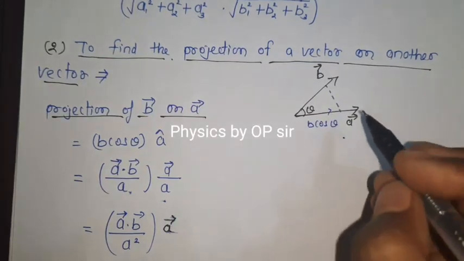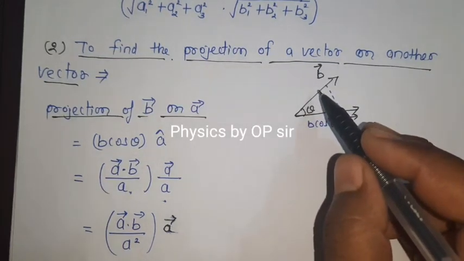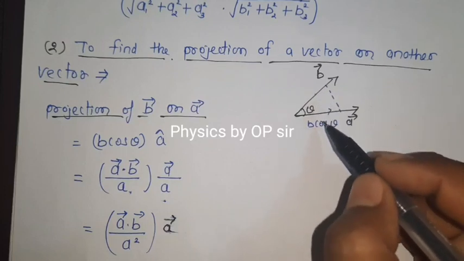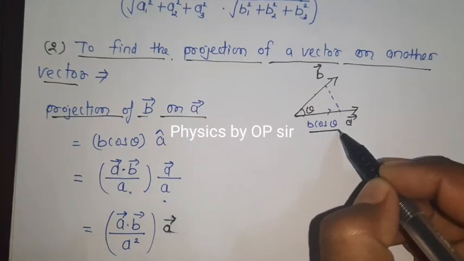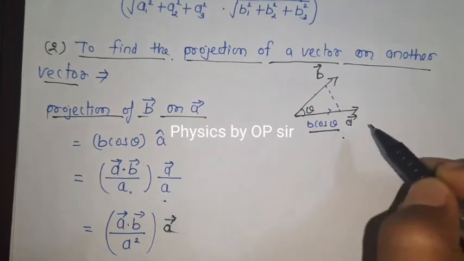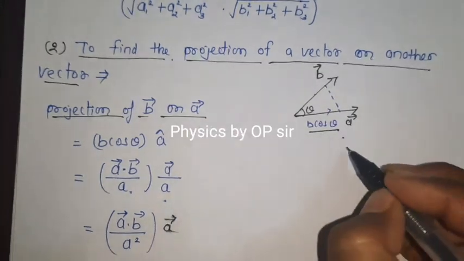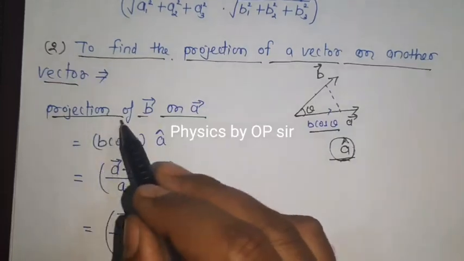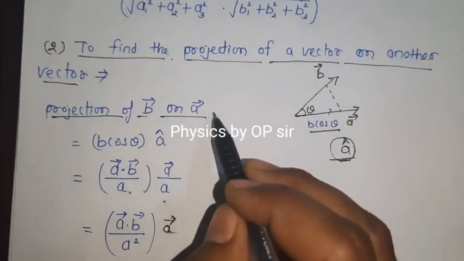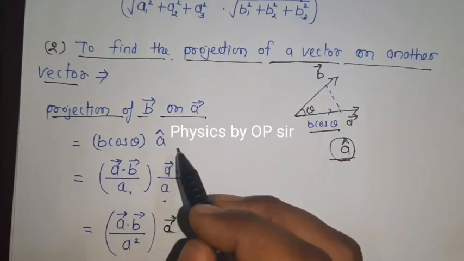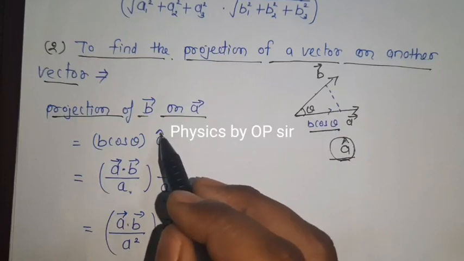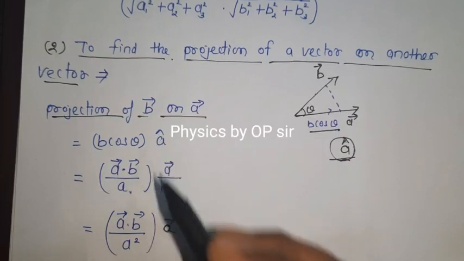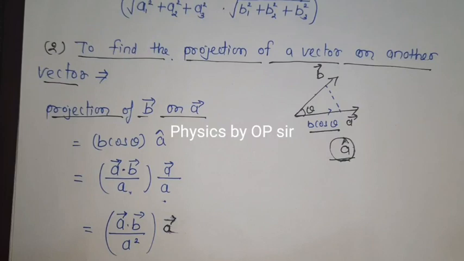For projection we take the component of b. The component of b in this direction is b cos theta, and the direction is the unit vector of a. So the projection of b vector on a vector can be written as b cos theta multiplied by a cap, meaning its direction is along the unit vector of a.